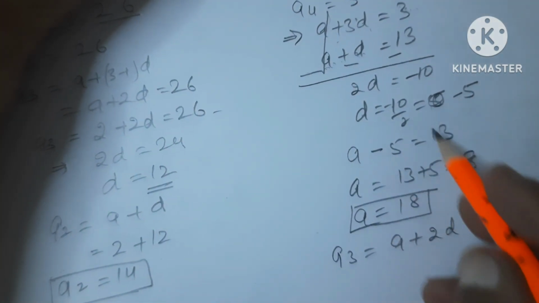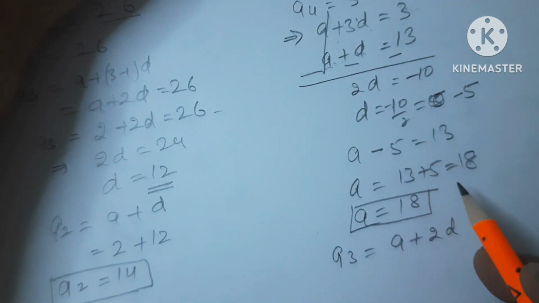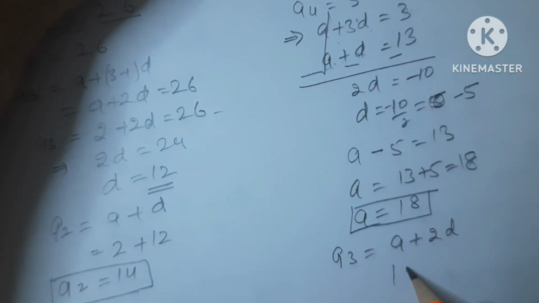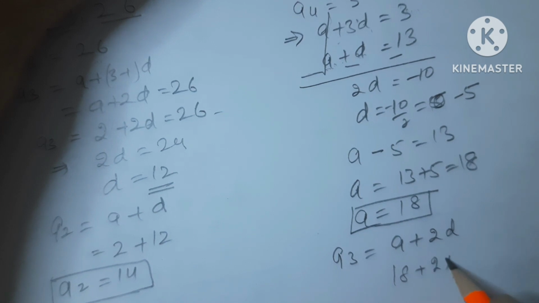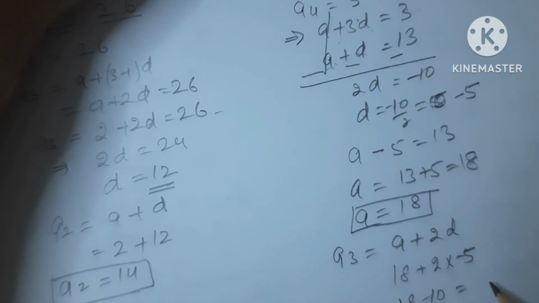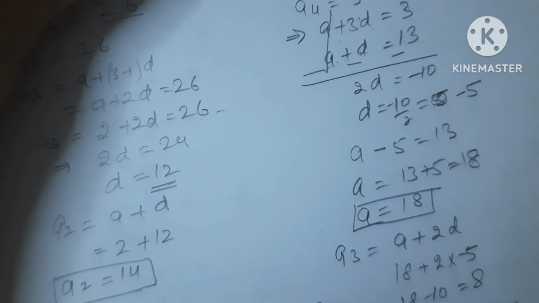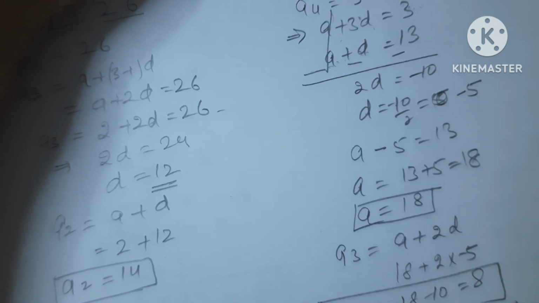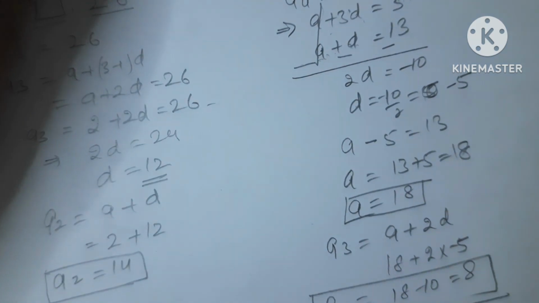So A we have calculated as 18, plus 2 into minus 5, which is equal to 18 minus 10, which is 8. So this is how we have done this question.